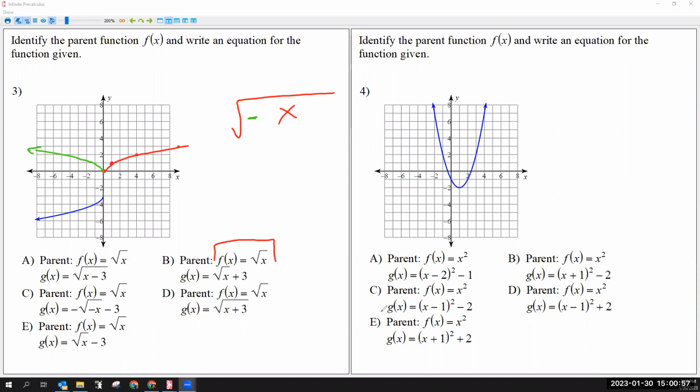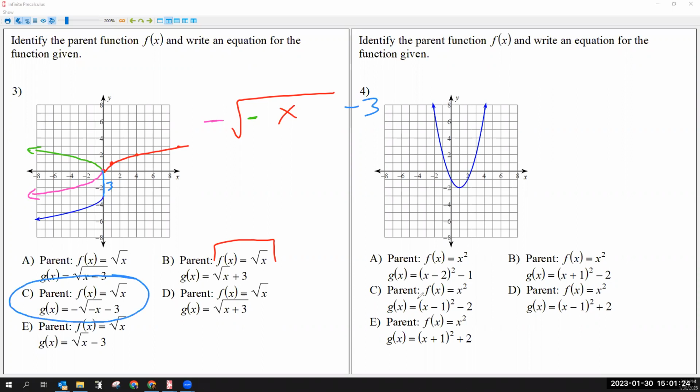So I need to reflect it, the green one, about the x-axis now. And then I get that pink one right there. Well, that means I need to put a negative outside as well. And then I need to shift my pink one down 1, 2, 3 units. So that's on the outside, a -3. And that matches up answer choice C.